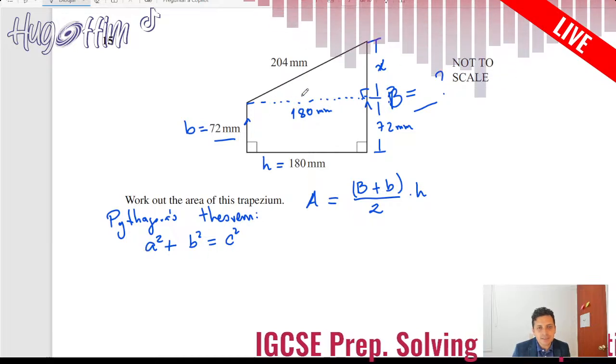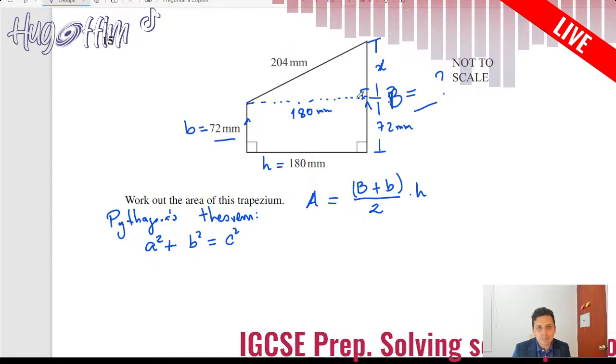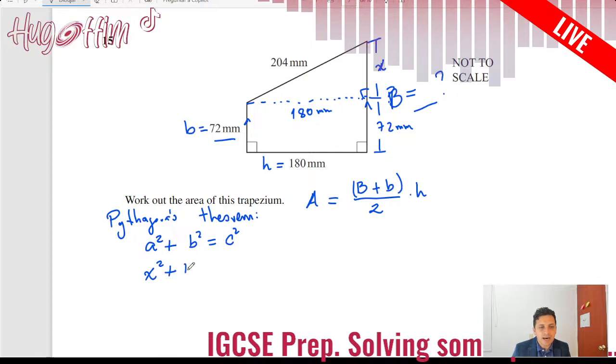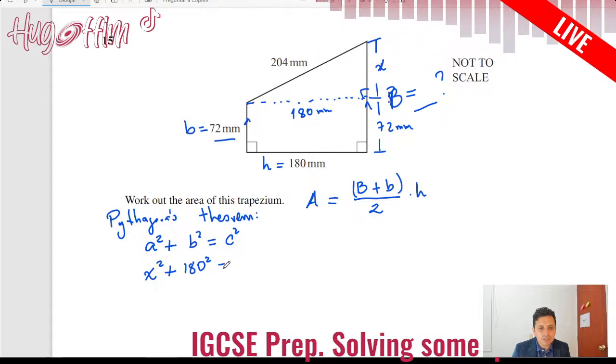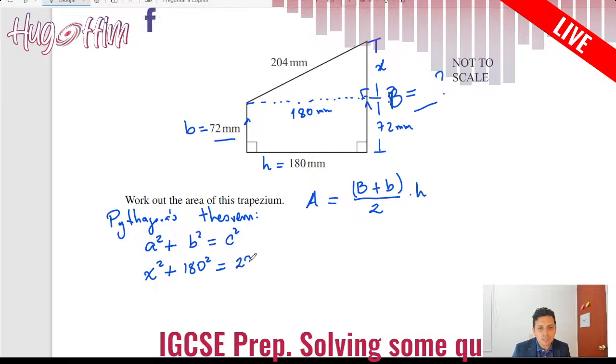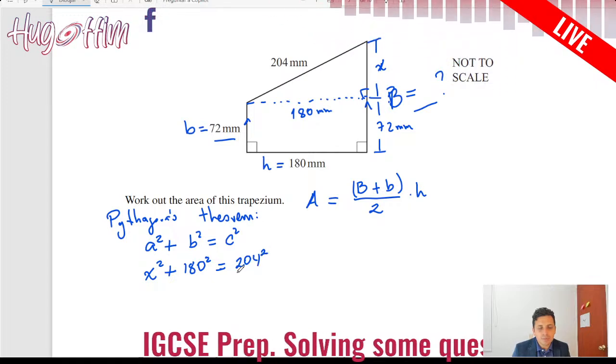In this case, one leg is going to be 180 millimeters, the other is going to be x, so I'm going to write x squared plus 180 millimeters to the second power equal to the hypotenuse, that is going to be 204 millimeters to the second power.